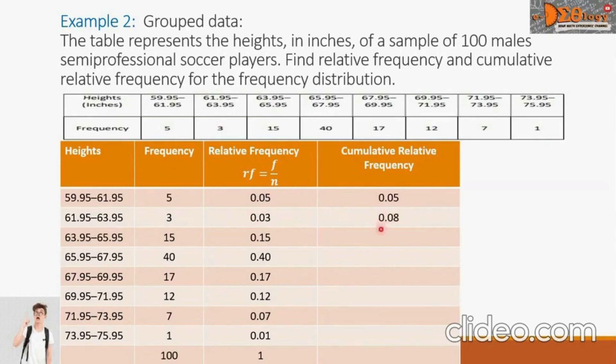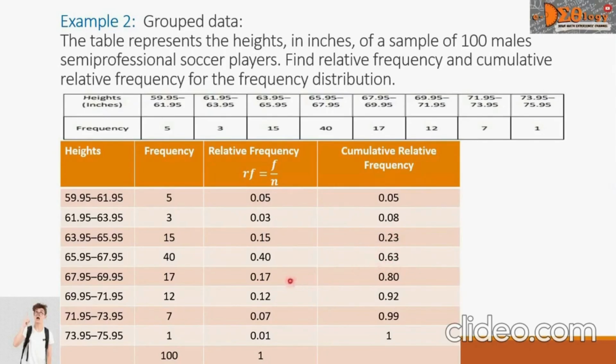So we have 0.08. And that pattern we will follow. 0.08 is added to 0.15, and that is 0.23. The 0.23 plus 0.40 will get 0.63.